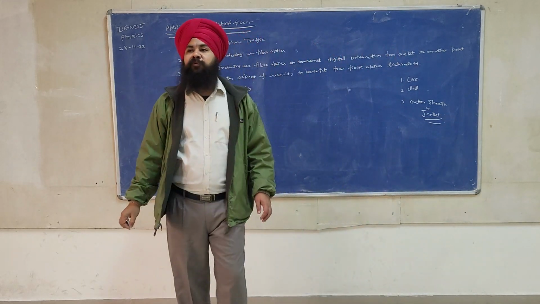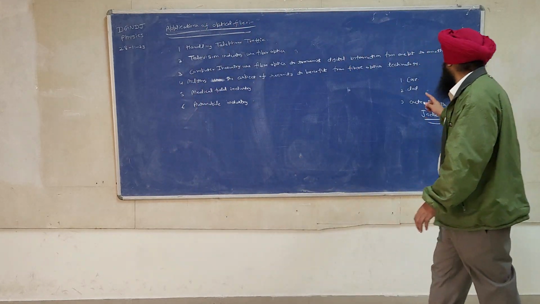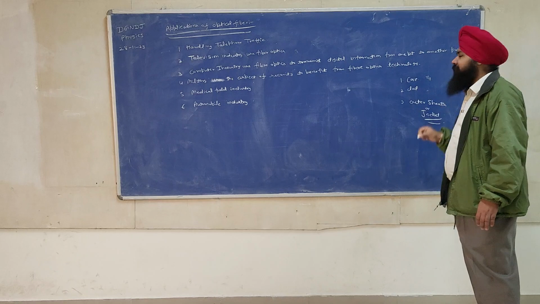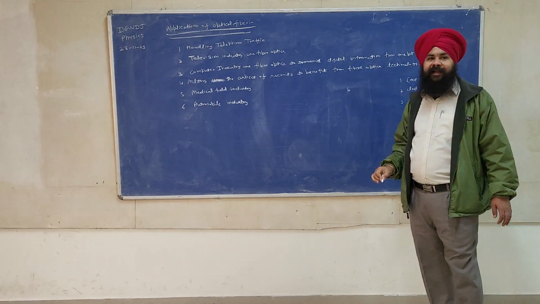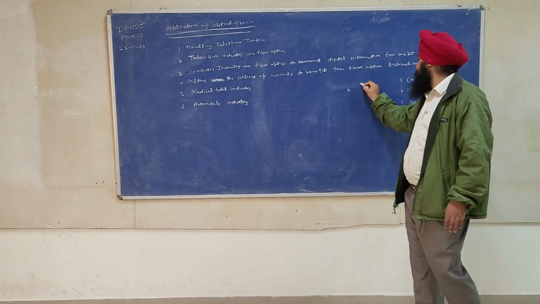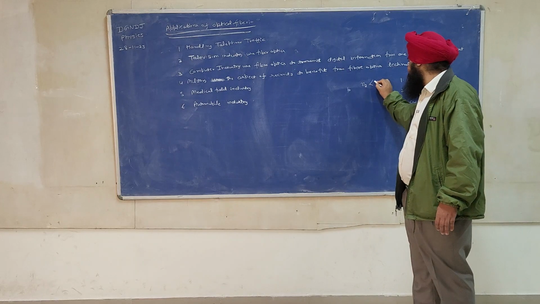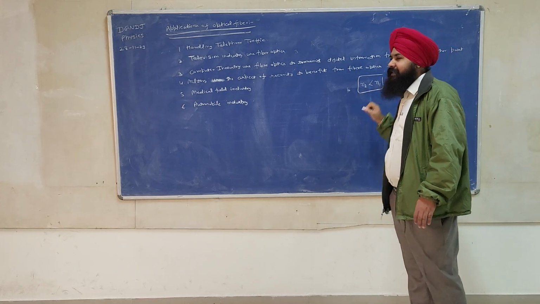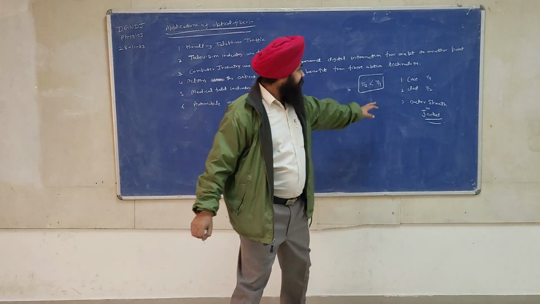Let us say N1 is the refractive index of the core and N2 is the refractive index of the clad, and we suppose that N2 is slightly less than N1.